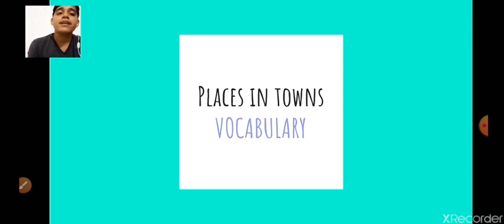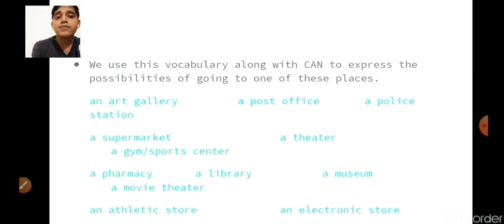Now, let's go for places in town vocabulary. This is another vocabulary that we are going to use along with the verb can, okay? We use this vocabulary along with can to express the possibilities of going to one of these places.